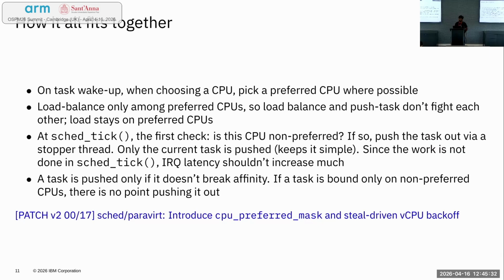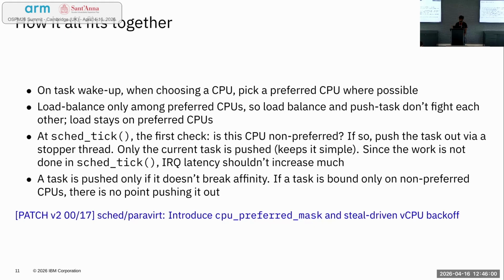And that way, first you get the tasks out of the run queue on a non-preferred CPU, and on the wake up, you only choose a preferred CPU, so you don't end up on a non-preferred CPU, and you load balance only among the preferred CPUs. So they kind of work with each other and they don't fight with each other.